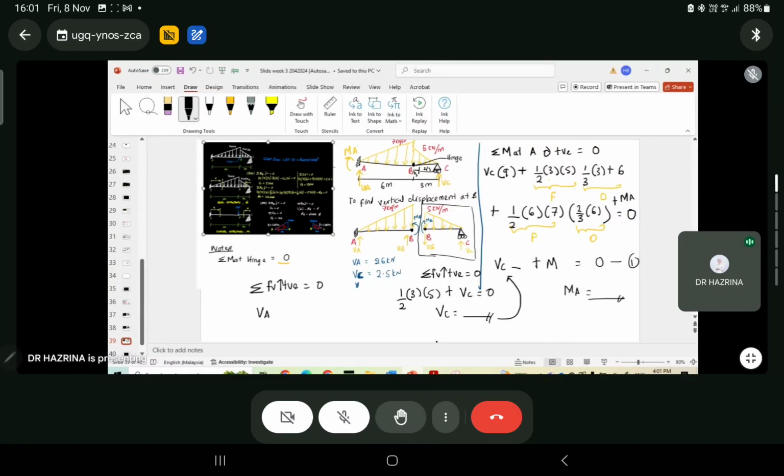So you will have VA plus VC minus half times with 6 times with 7, okay, minus half times with 3 times with 5 equals to 0. So dekat sini you dapat VC, let's say lah your VC is A. So VA plus A and then you will get 0. So here you can get your VA. So ni one way of how you solve in finding the reaction forces.